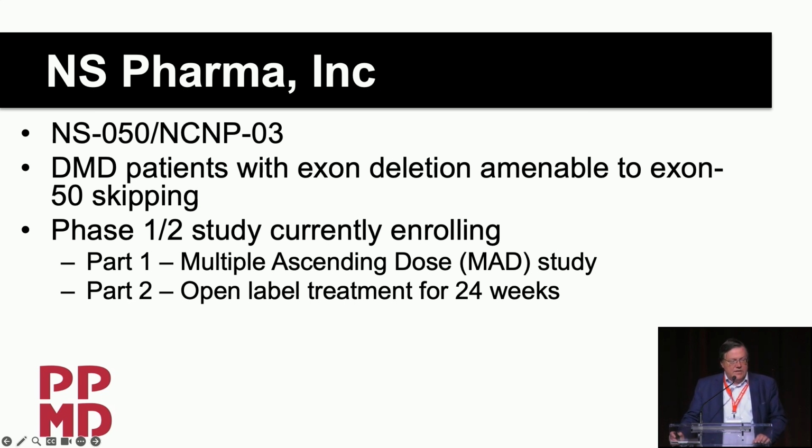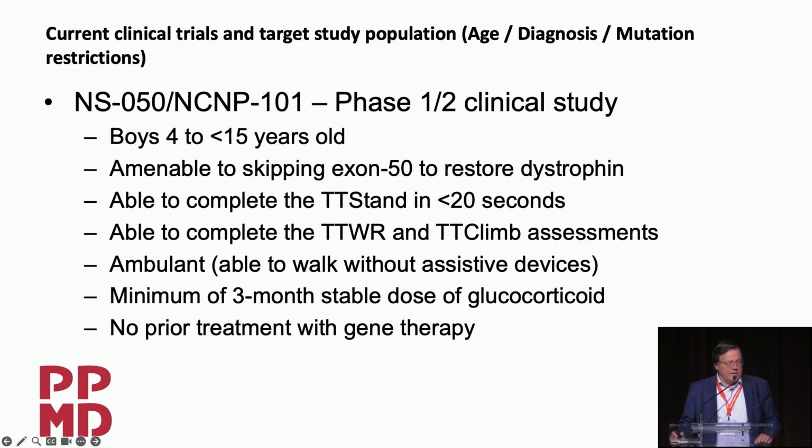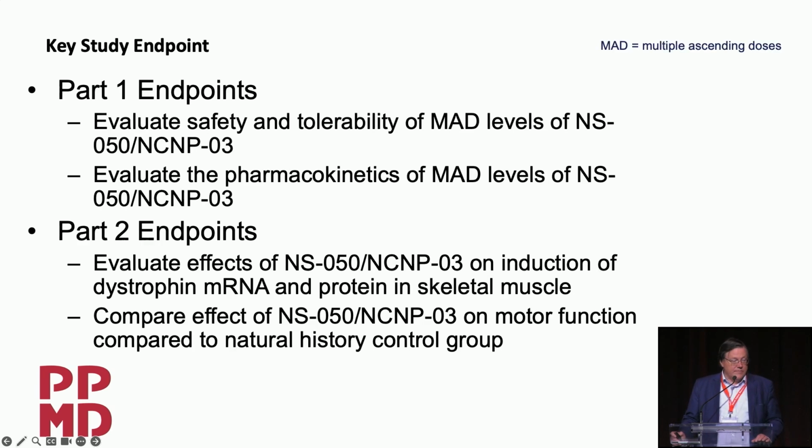This study is currently enrolling a multiple ascending dose study with plans for an open label treatment for patients with an exon 50 amenable mutation, in boys 4 to less than 15 years old. There are some requirements for function: ability to complete the time to stand from the floor in under 20 seconds, being able to complete the time to climb 4 stairs, and a minimum 3-month stable dose of glucocorticoids, with no prior treatment of gene therapy.